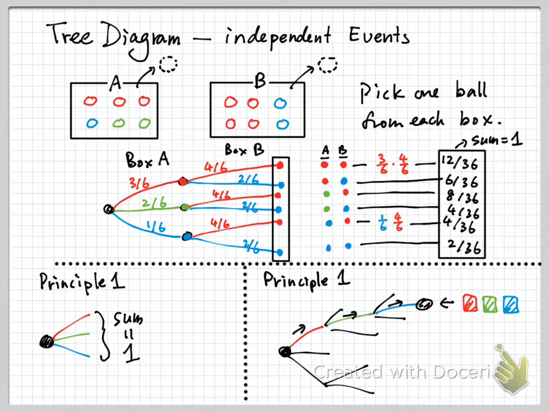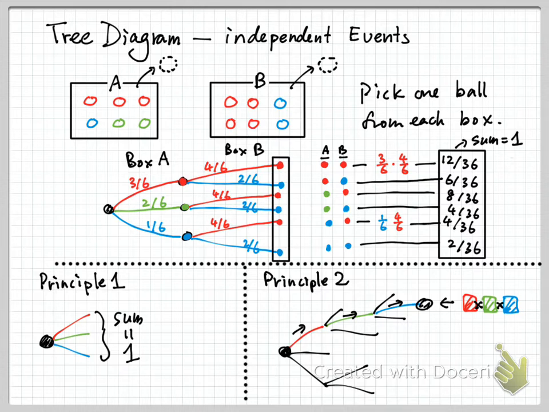The probability for this endpoint will be the multiplication of all the branches that lead to the final event. This is the second principle in the construction of the tree diagram.